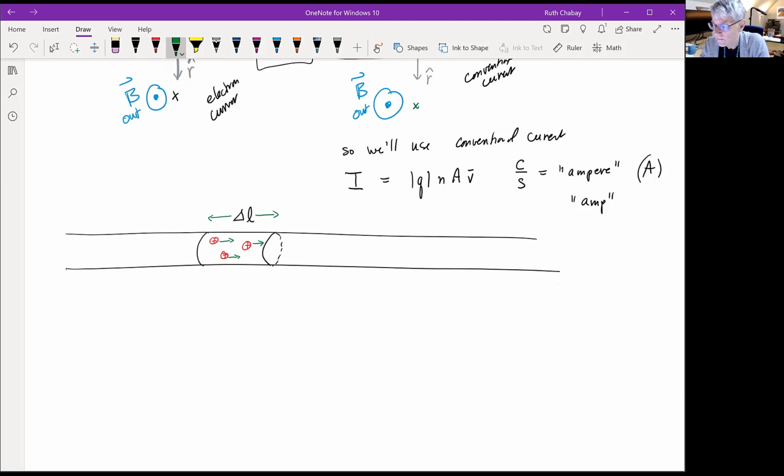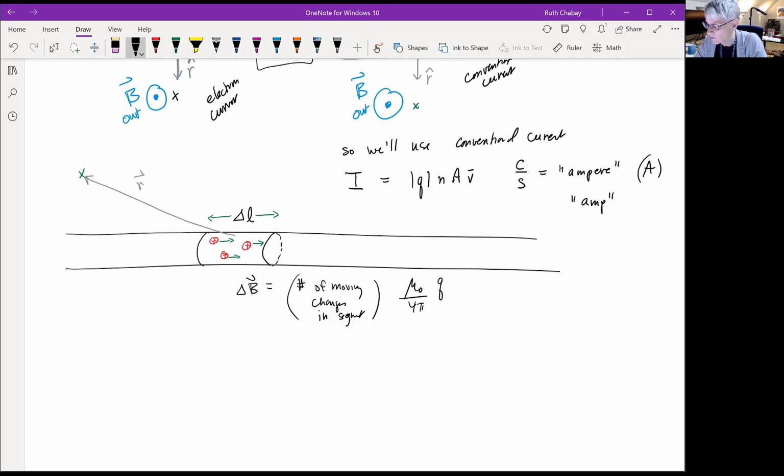So the magnetic field made at some observation location, so if here's an observation location and here's our vector r, the magnetic field at that location, delta B, the magnetic field due to this little piece, is equal to the number of moving charges in this segment times the magnetic field of one charge, which is mu0/4 pi q v cross r hat over r squared.